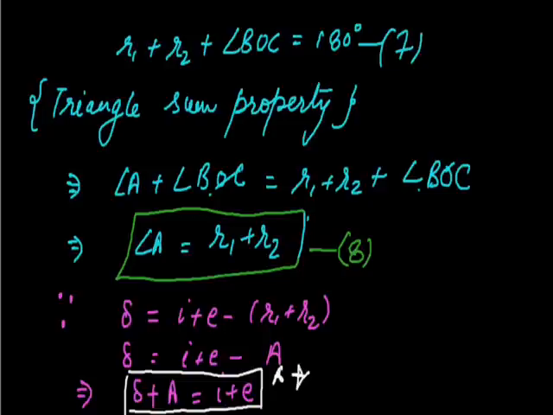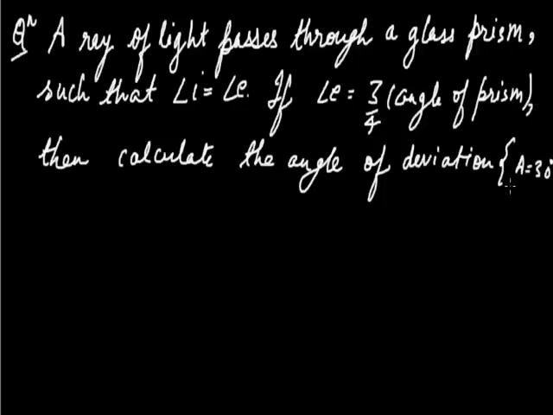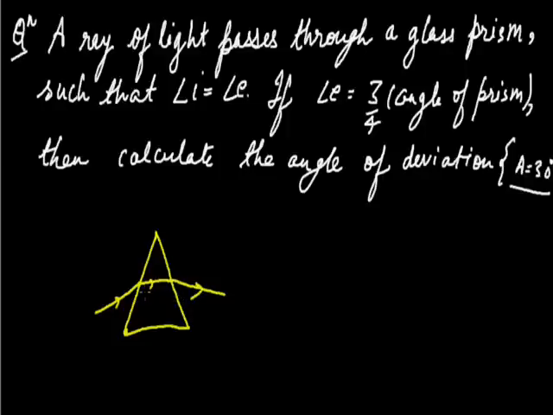Let's have a numerical. So we have a numerical in which we are given that a ray of light is passing through a glass prism. So we can make a diagram here. Here is a glass prism, and a light ray is moving through it such that angle I is equal to angle E. This is the incident ray, this is the first refracted ray, and this is the second refracted ray.